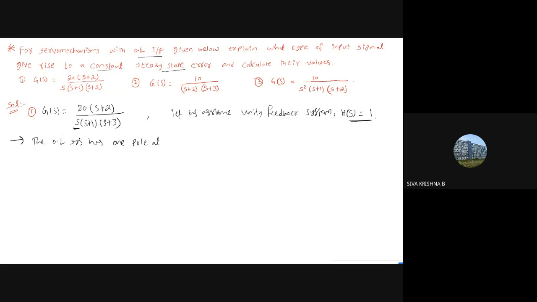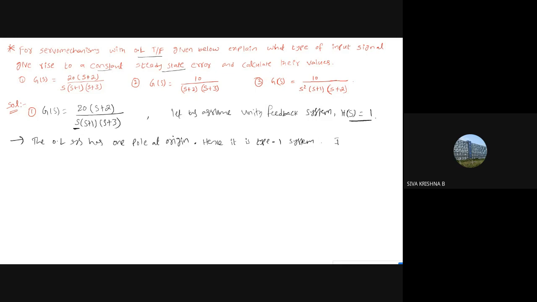There is only one pole at the origin. The number of poles at the origin gives the type of the system, the power of s. So it has one pole at the origin, hence it is a type 1 system.